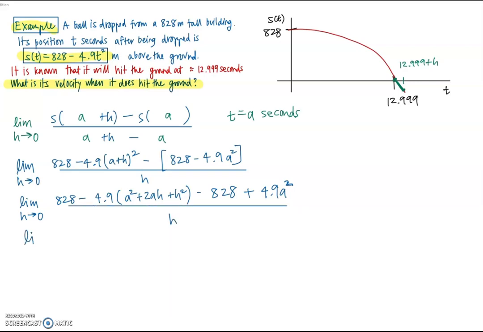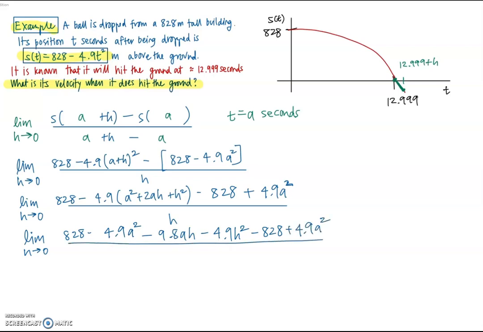And then one last distributing, getting rid of parentheses, we have 828 minus 4.9 a squared minus 9.8ah minus 4.9 h squared. All of that just came from taking this guy and distributing him through these terms in the parentheses. Minus 828 plus 4.9 a squared, all over h.